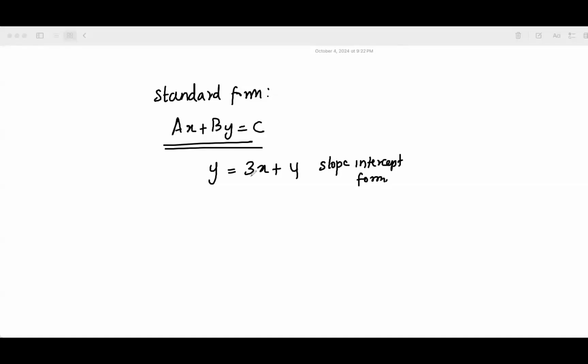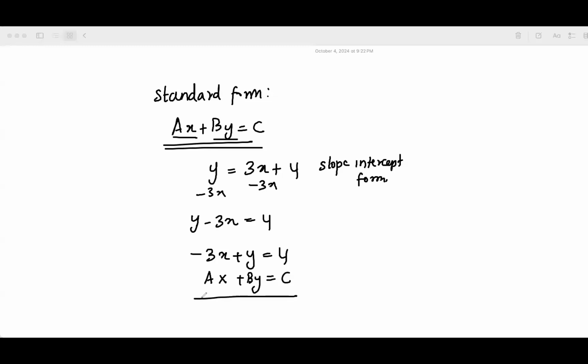If I want to convert it to standard form, I have to have x and y on one side, right? So subtract 3x, you get y minus 3x equal to 4, or I can write it as minus 3x plus y equal to 4. This is of the format ax plus by equal to c. Do you see, guys?